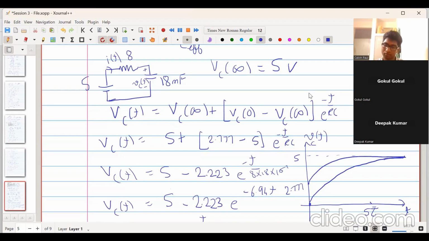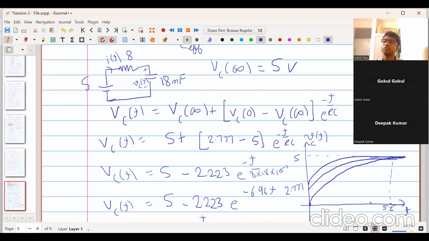Then what is the time required to reach steady state? That time also it will be 5 times the time constant. It will start from around 2 volt, go on increasing, and come somewhere around here. So the time will be 5 times the time constant.